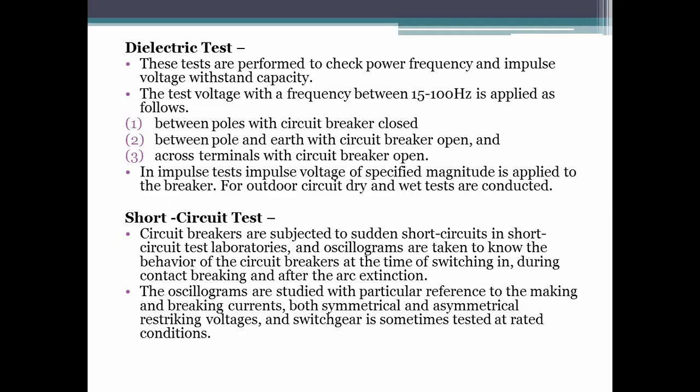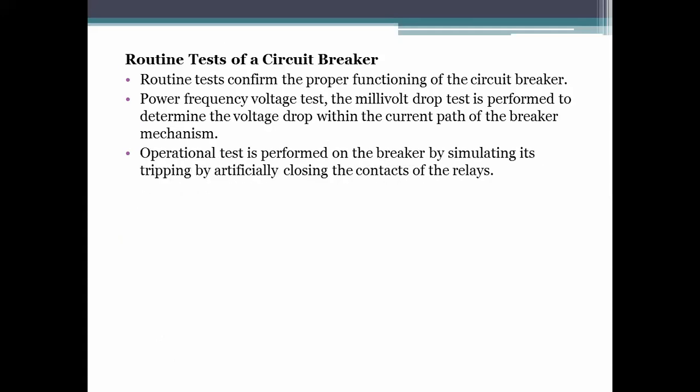Making and breaking currents means whatever current is required to make the circuit and to break the circuit. So all are tested here in the short circuit test by using oscillograms.